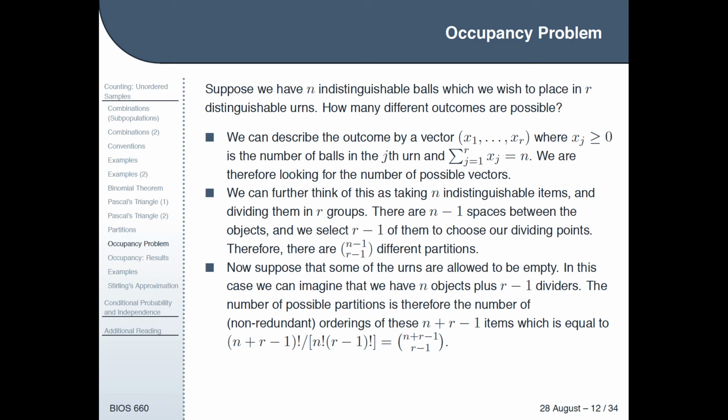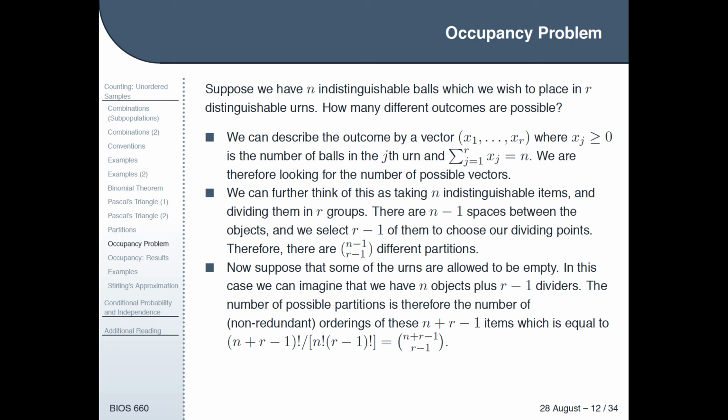So basically we're looking at the total number of possible orderings of these n plus r minus 1 objects. In this case, there's a total of 9 objects because we have 7 balls and 2 partitions. So the number of different ways you can order this sequence is obviously just going to be n plus r minus 1 factorial.